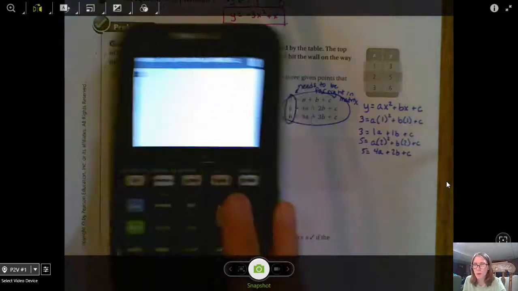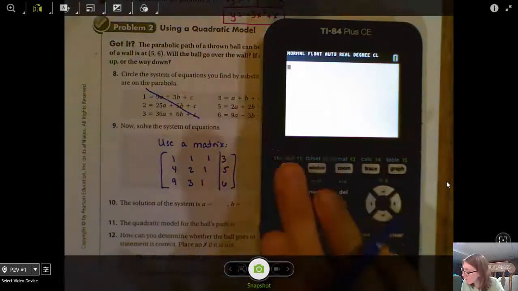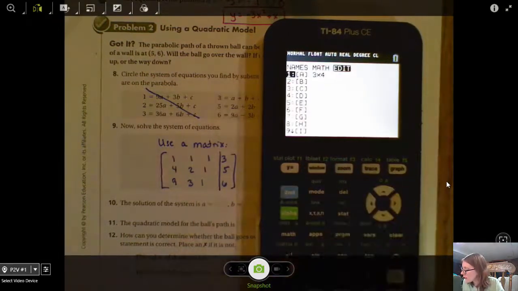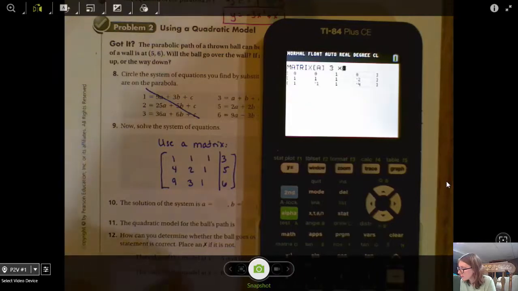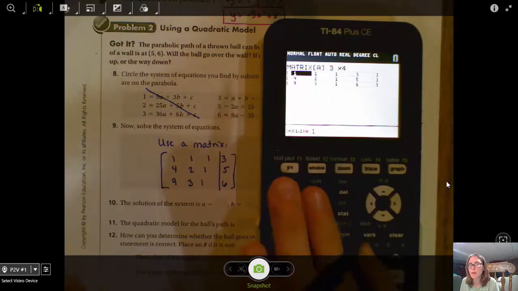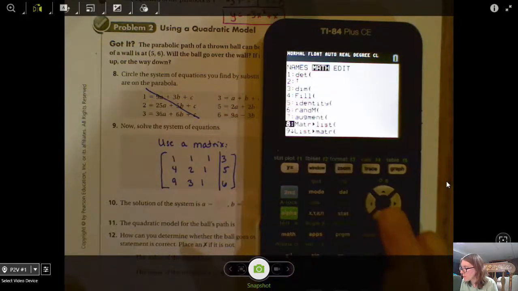Alright, so let's get our equation for our situation, for our thrown ball, by going to second matrix and entering our matrix. Don't forget we want to clear out of this before we row reduce echelon form.